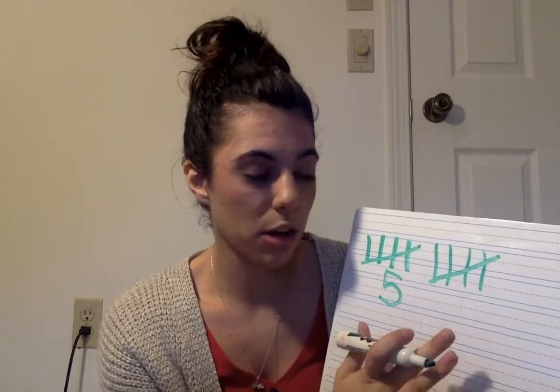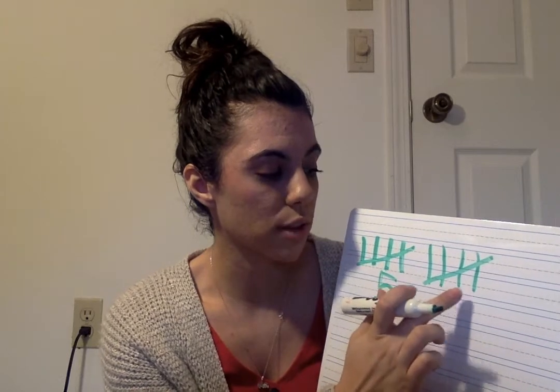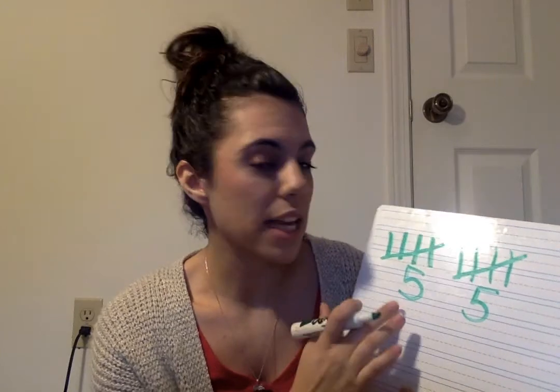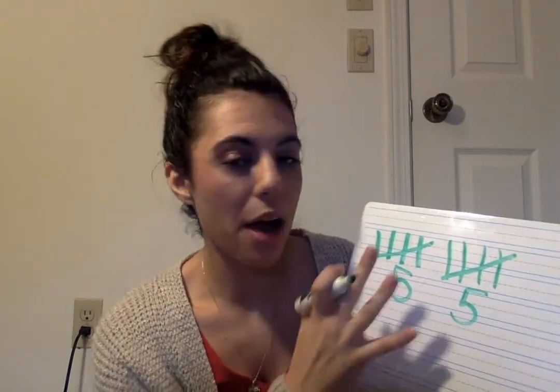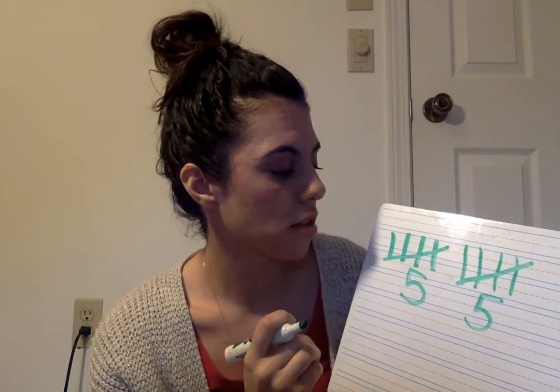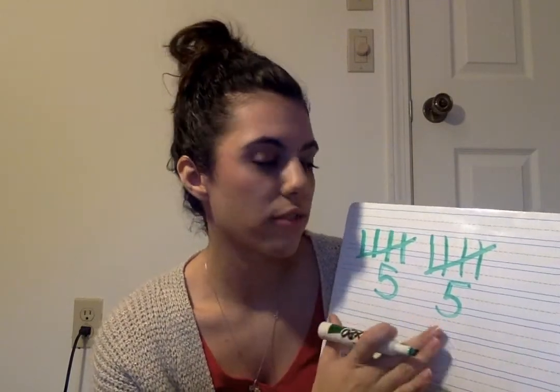Let's look at the next one. How many tally marks do we have? 1, 2, 3, 4, tally up, 5. So tally marks help us keep track of something. We know that each bundle is 5. So in order to count by 5's, let's figure out how many we have all together. 5 here and 5 here.